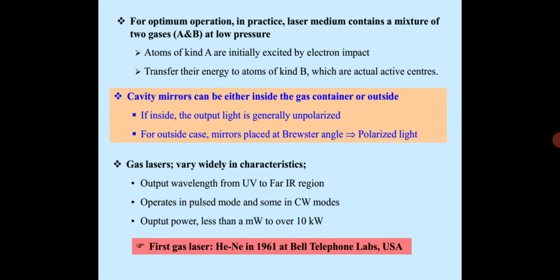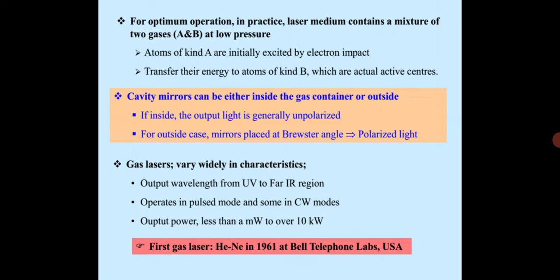Helium is the material which is getting the impact of the discharge. The cavity mirrors can be either inside the gas container or outside the gas container. If inside, the output light is generally unpolarized, but for the outside case, the mirror is placed at Brewster's angle, that is polarizing angle.